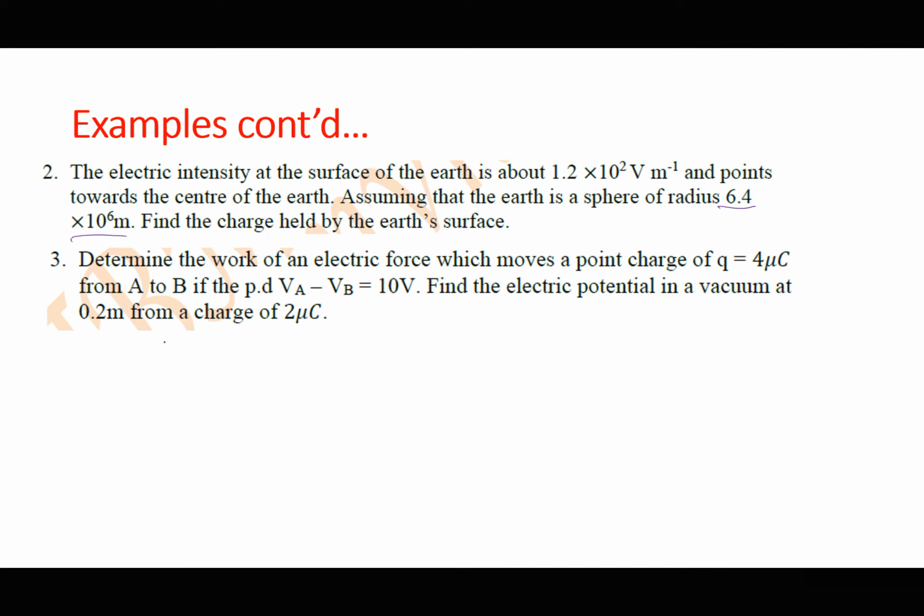So electric field intensity in our solution, E is equal to kQ over R squared. We just want Q. So Q will be equal to E R squared divided by k. If I substitute, E is 1.2 times 10 power 2, and R is 6.4 times 10 power 6, but this is squared, divided by k, which is 8.99 times 10 power 9.